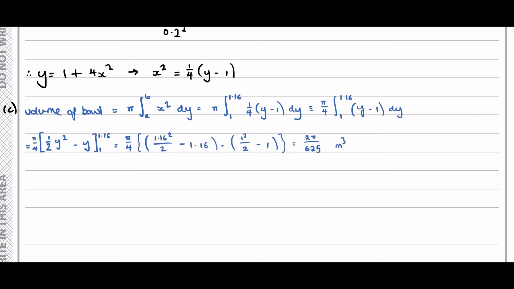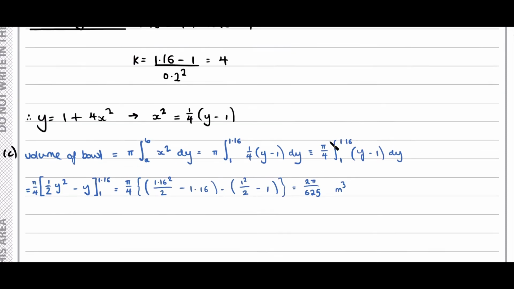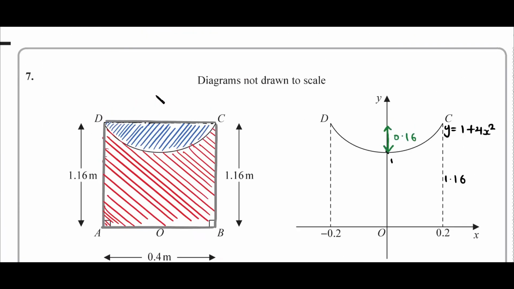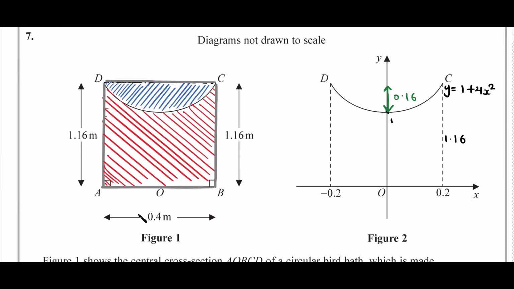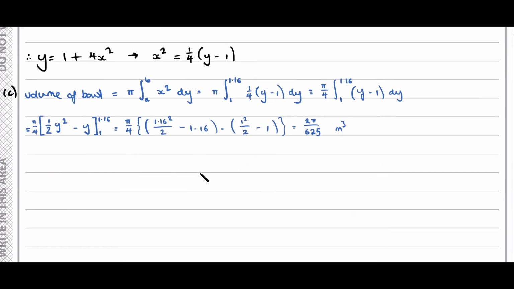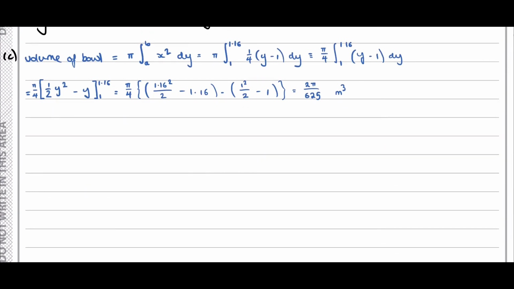And the volume of the cylinder we can work out. We know that the diameter of the cylinder is 0.4 meters and therefore the radius is 0.2 meters. So the volume of the cylinder will equal pi r squared lots of h.